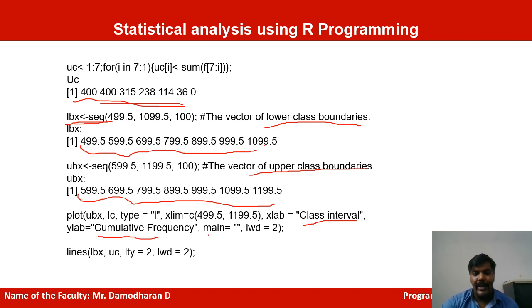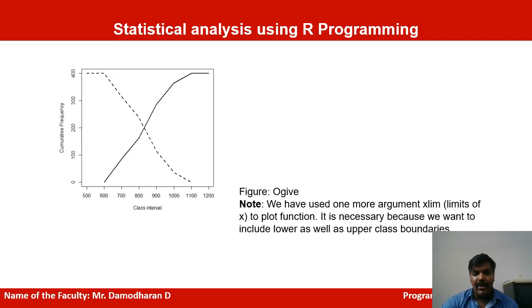Then the cumulative frequencies: we have to plot the lines in this structure. Once it is completed from here, based on that output, we plot the graph based on the cumulative frequency and class intervals. The range will start from here and reach the end. So this is our ogive graph for the statistical appearance of the data.